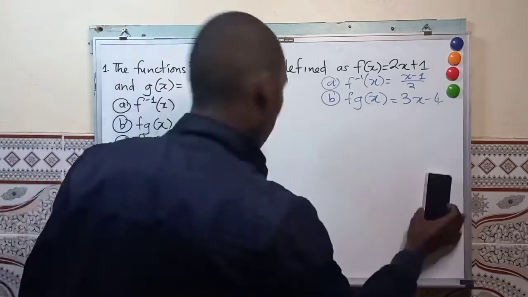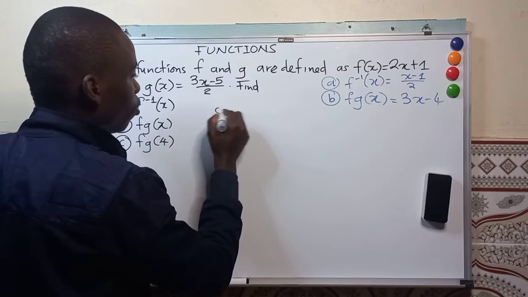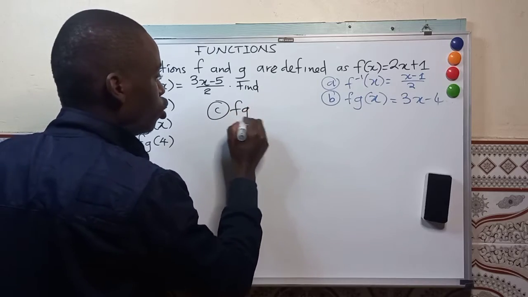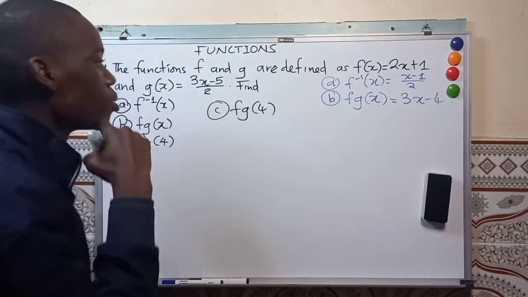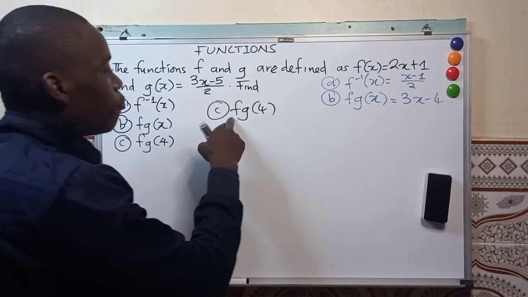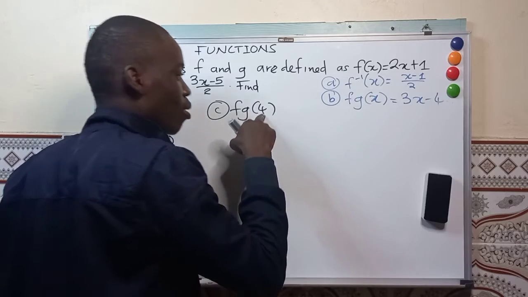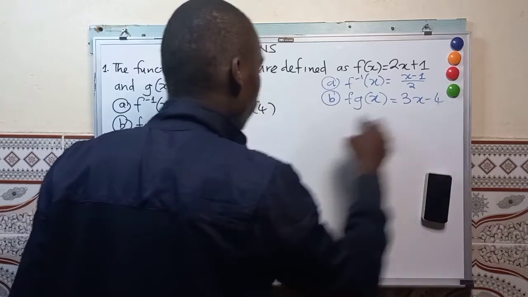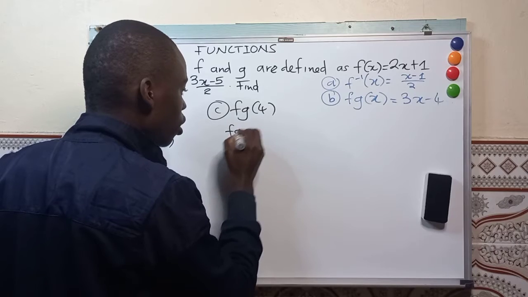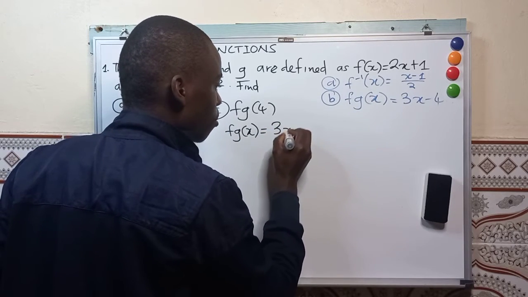And lastly, we're told to find f of g of 4. Since we've already found f of g of x, this time where there is x we replace it with 4. Our function f of g of x is equal to 3x minus 4.